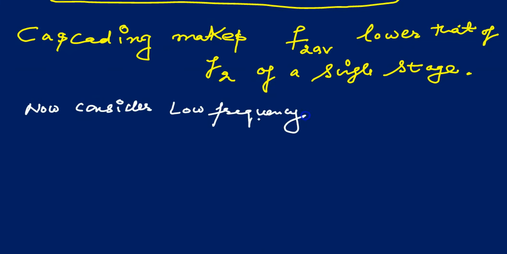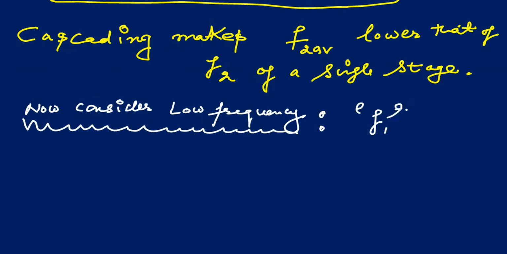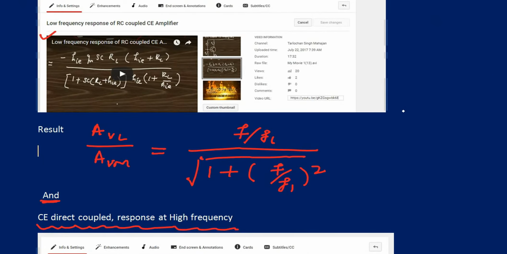Now we consider the lower frequency, which is F1, and we already have the result. This is the relative gain result for F1.